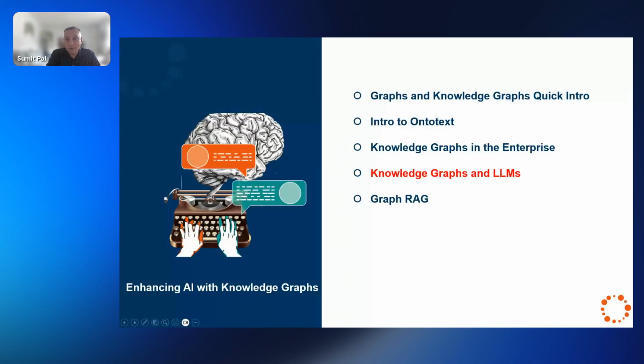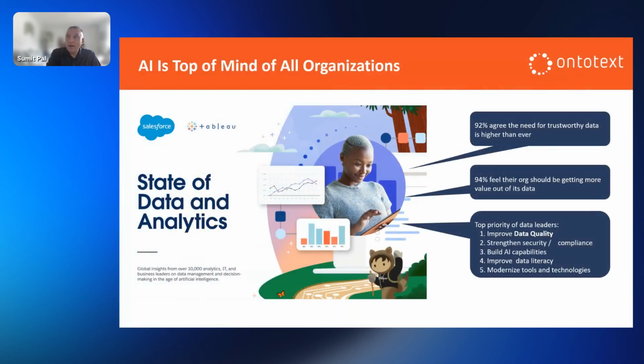So now let's come to the core of the topic, which is knowledge graphs and LLMs. We know AI is on the mind of CXOs in all organizations, and a lot of them agree that there is a challenge related to the trustworthiness of answers coming from LLMs, especially if you are leveraging them for data management and analytic practices.